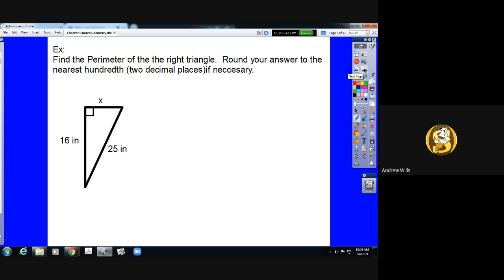I want you to try this problem, and I will explain how this is an SAT problem after we go over it. Once again, I'm going to give you some time to get started. Keep in mind, step one is still correctly locate the hypotenuse. So work your way through this example, and then we'll go over it together to make sure that you've done it correctly.